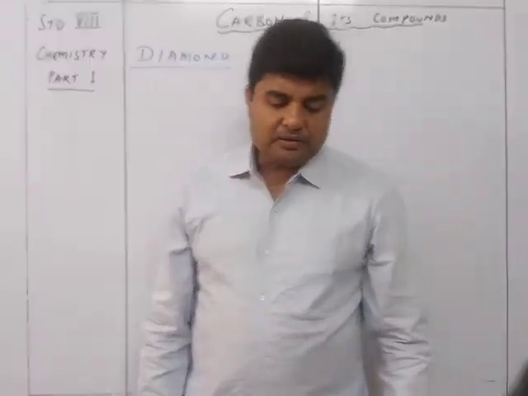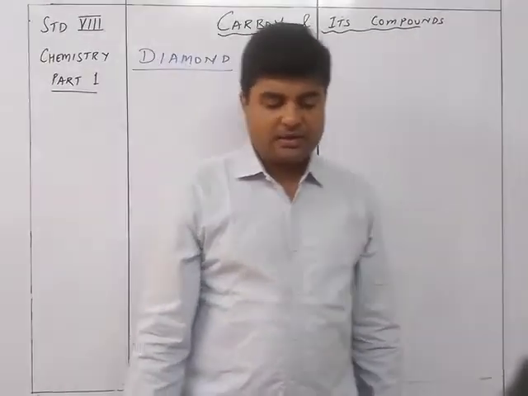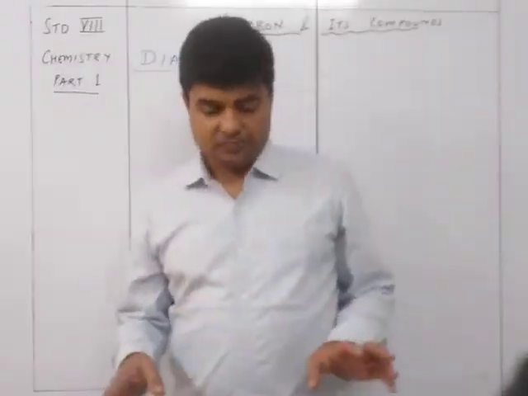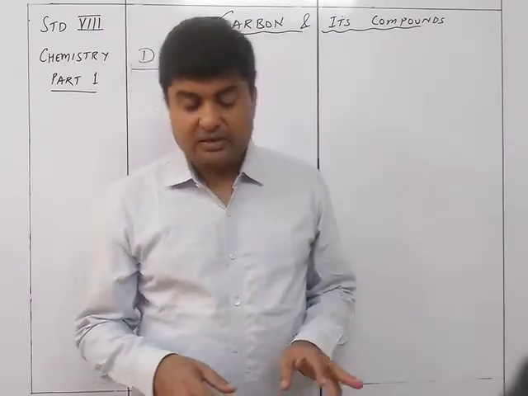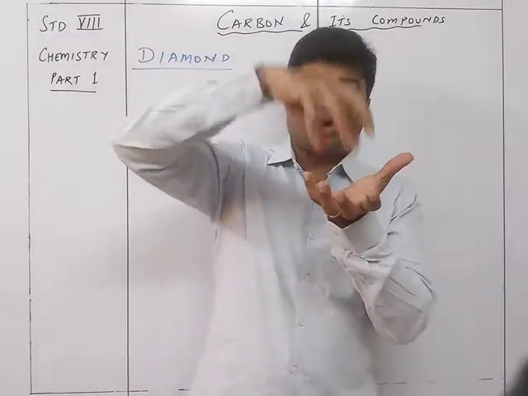Structure of the diamond. The shape of the crystal is a three-dimensional octahedral 8-sided crystal. Now when it is an 8-sided crystal, it could have one base and then 7 tops on it.